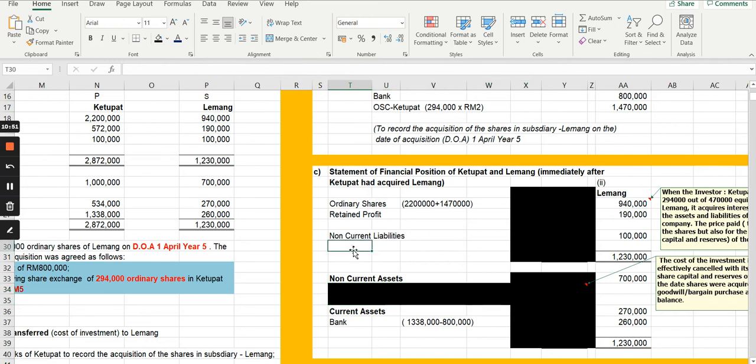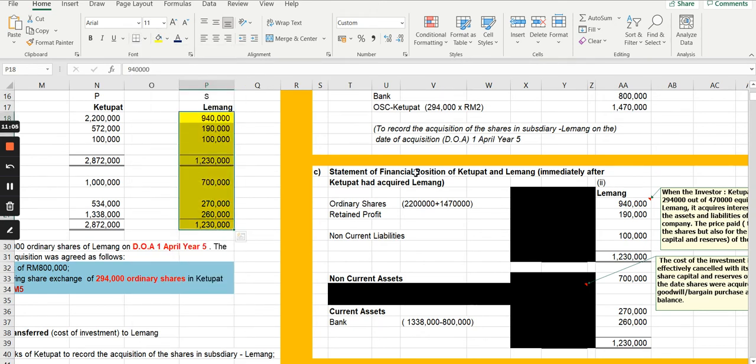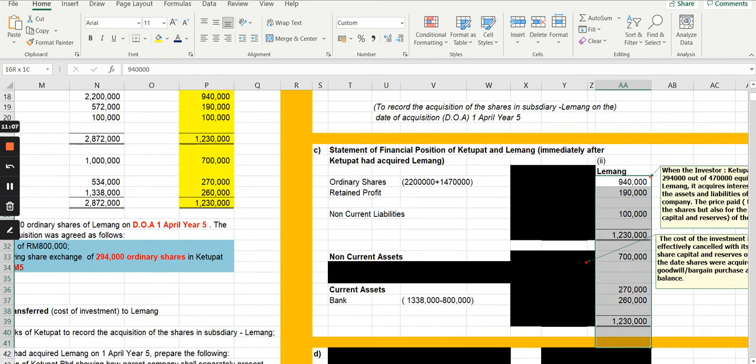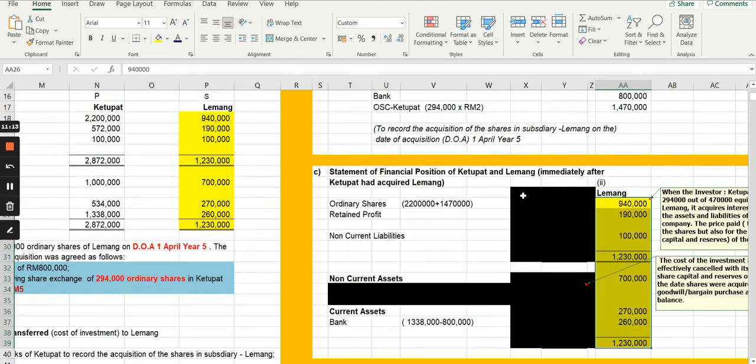It's the same, right? All the ordinary shares is still the same, 940, nothing changed. Just compare this section with this section here. You will see that it is exactly the same, nothing changed. Now we look at Lemang. We have done Lemang.